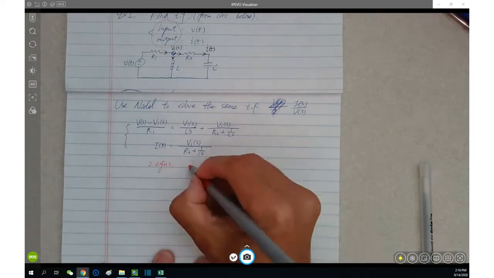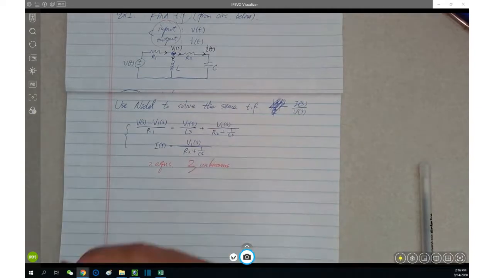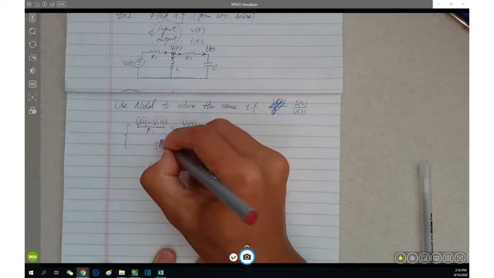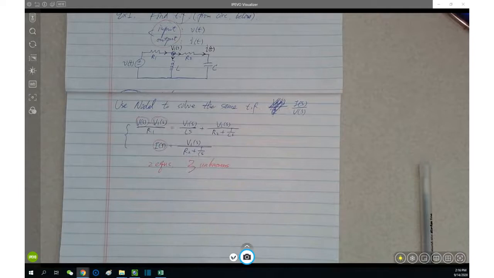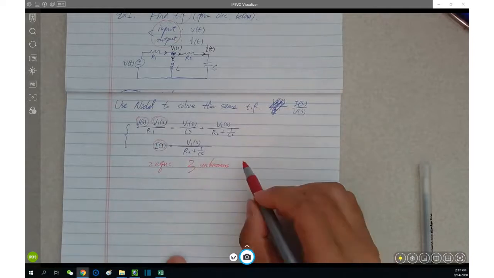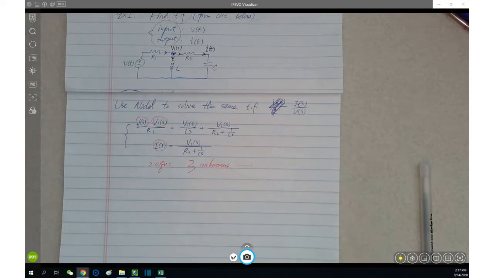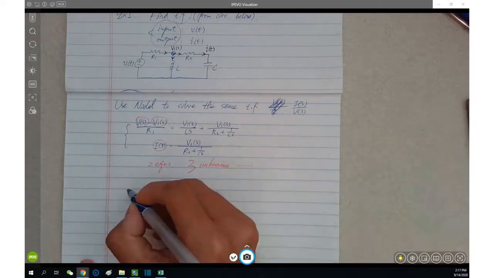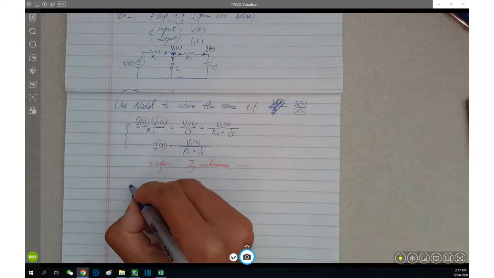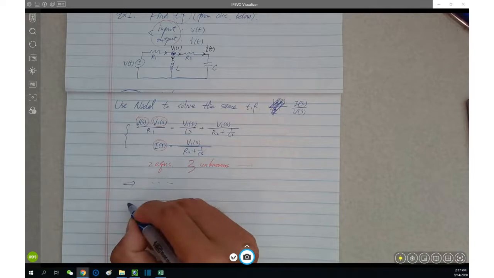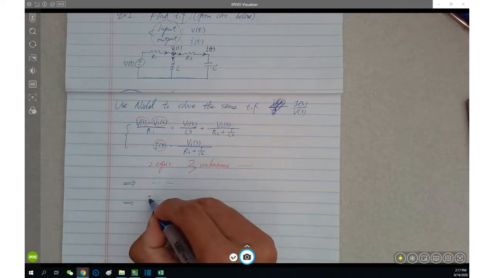Good: V1, I, and V. Here we repeat the idea that we are not able to find any individual unknown. However, we can find the ratio between any 2 of them. What we need to do is just go through the algebra and then find the transfer function I of s over V of s.